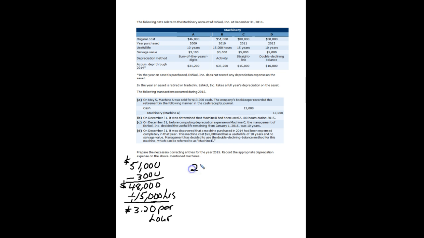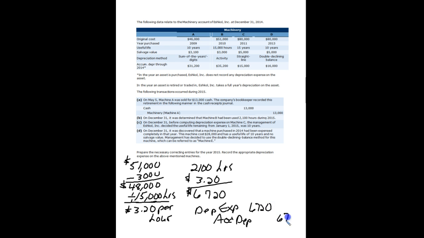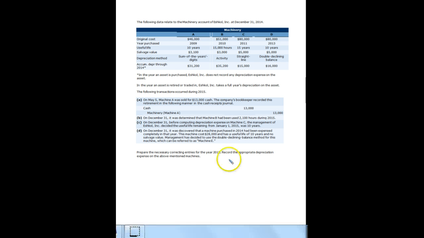So we just take the 2,100 hours, and depreciation is going to be $3.20 per hour. And so when I multiply those together, you're going to get $6,720. So in your journal entry, you're going to debit depreciation expense, credit accumulated depreciation as always, and you're going to put your $6,720 in there. Okay, now we're finished with this. I'm going to pause and I'll come back and we'll do the next one.